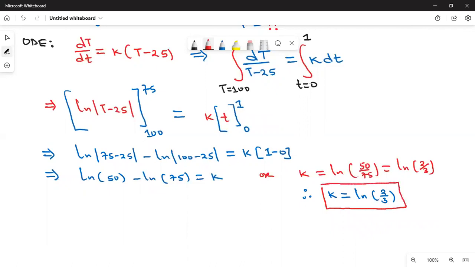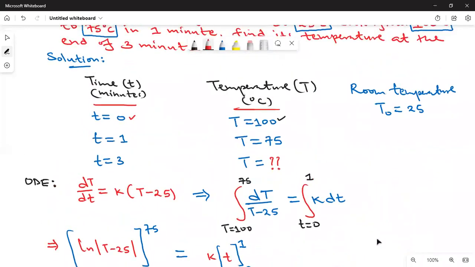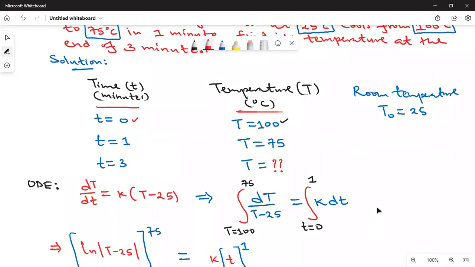Now, we still have some limits to apply. We already found the value of k. We still have another condition to use. This one, when time is 3, I don't know T. That's what we need to use. This and any of those 2 conditions. I could use the 3rd condition and the 1st condition.